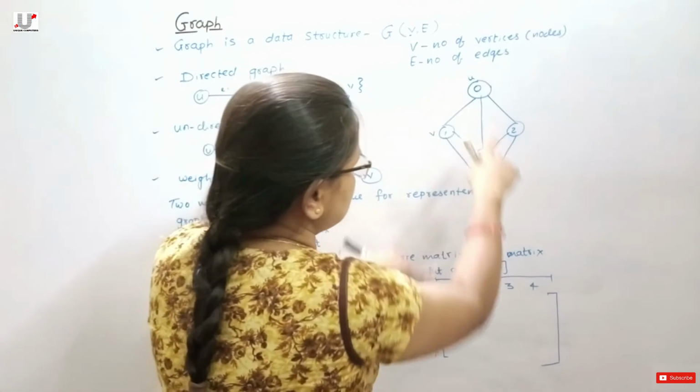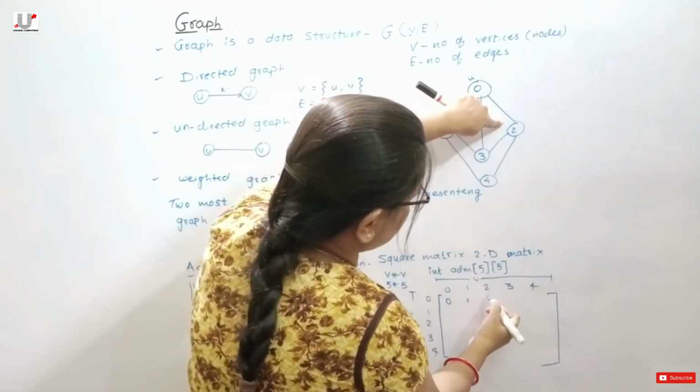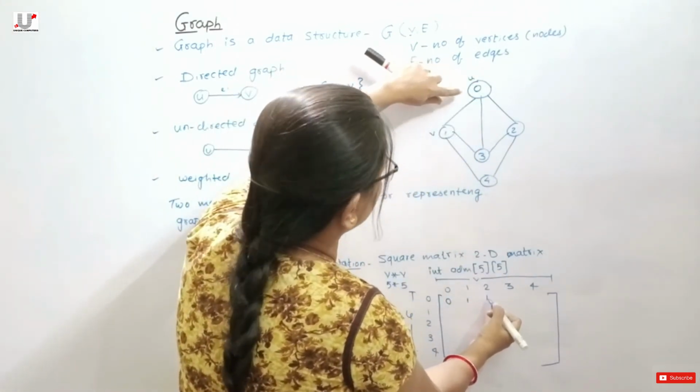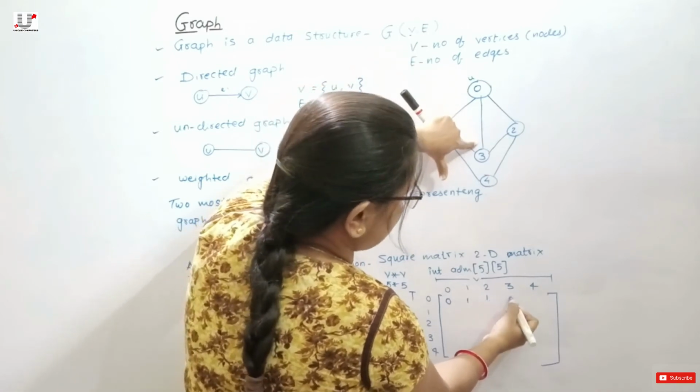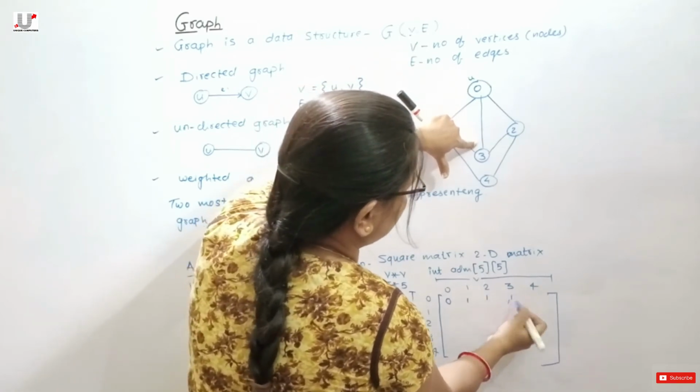Then check for 0 to 2, is there any edge? Yes, so specify 1. From 0 to 3, yes, there is an edge, so specify 1.